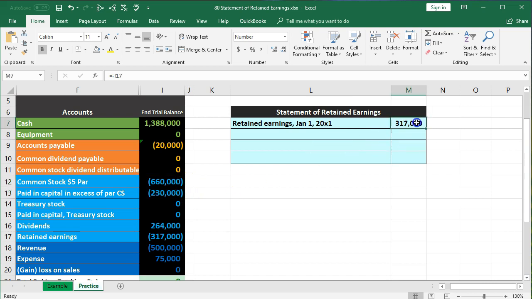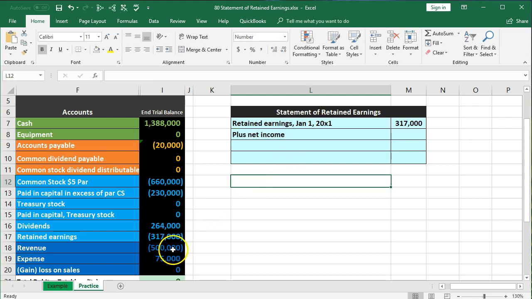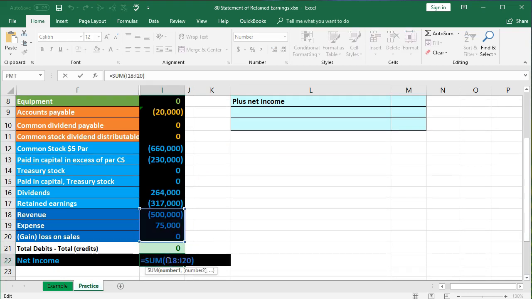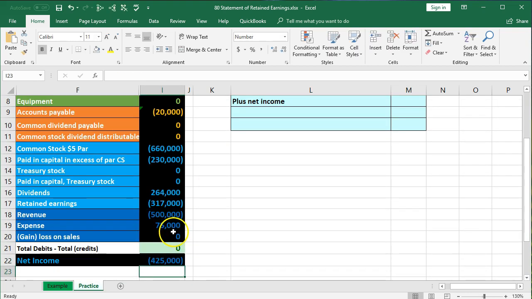This was our beginning earnings. Now we're going to see what happened to it. We're going to add to it, of course, just like we would in the closing process for a sole proprietor or partnership. We're going to say plus the net income. Now the net income is going to be the revenue minus expenses. So it's calculated here, the revenue minus expenses.